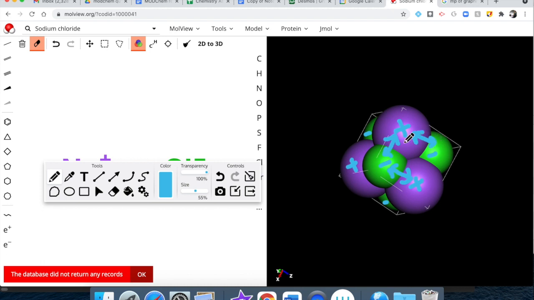So there isn't a shared pair of electrons that keeps the structure together. It's in fact the individual particles, the ions themselves, are what's at the lattice locations in the structure, and they are literally attracted to one another, not to a pair of electrons that they share, because they happen to be oppositely charged. This is an example of an ionic solid.